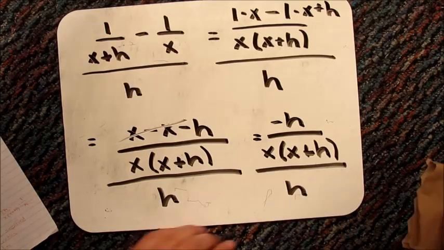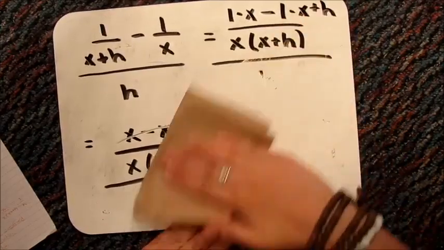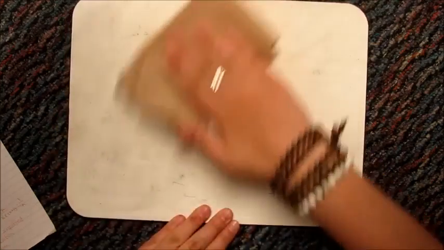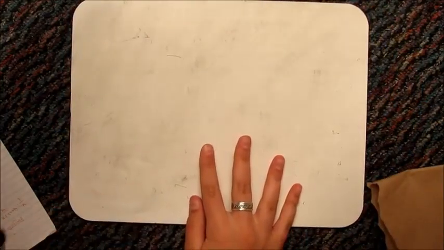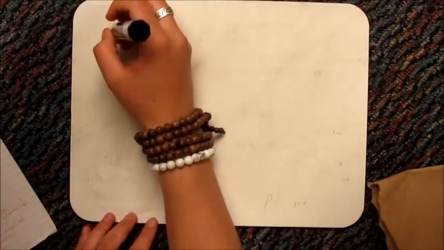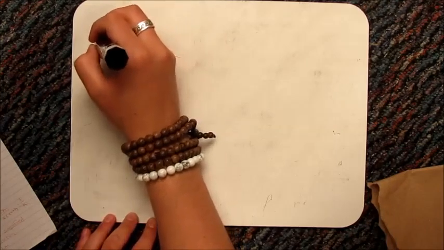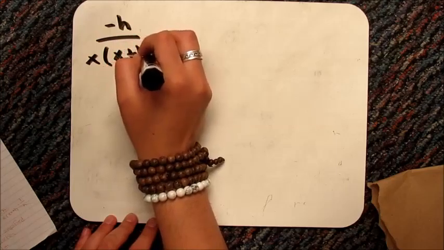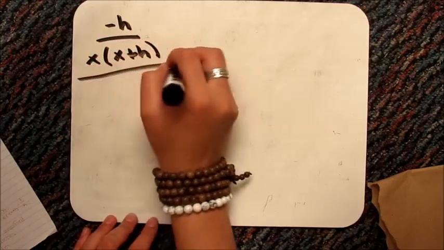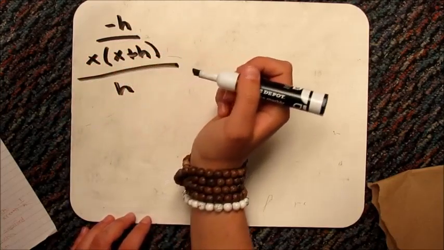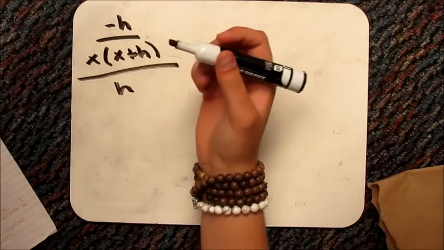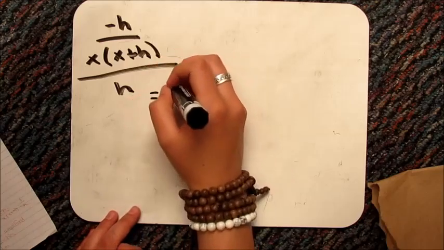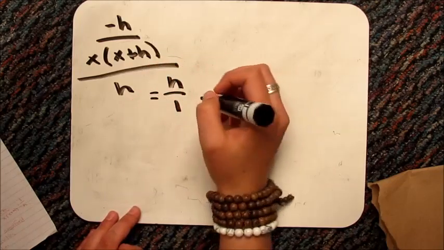So I have to erase this again so we can rewrite it, and then we will go on to simplify it down and get rid of the h on the bottom. So negative h over x times x plus h all over h. So what we're going to do is take the reciprocal of our denominator here. So h equals h over 1, and the reciprocal of that is 1 over h.